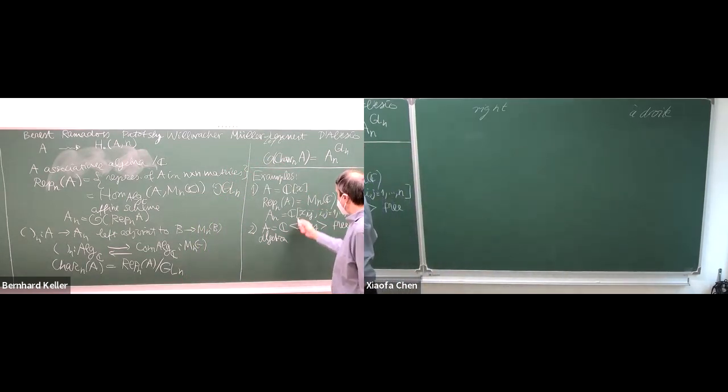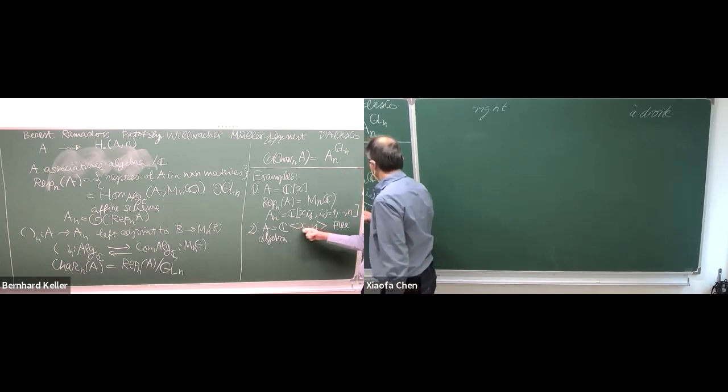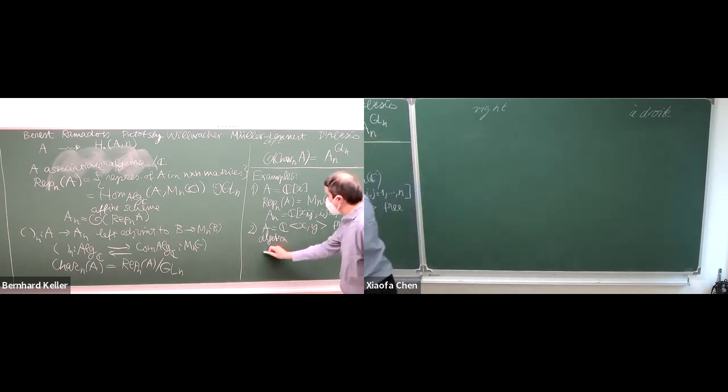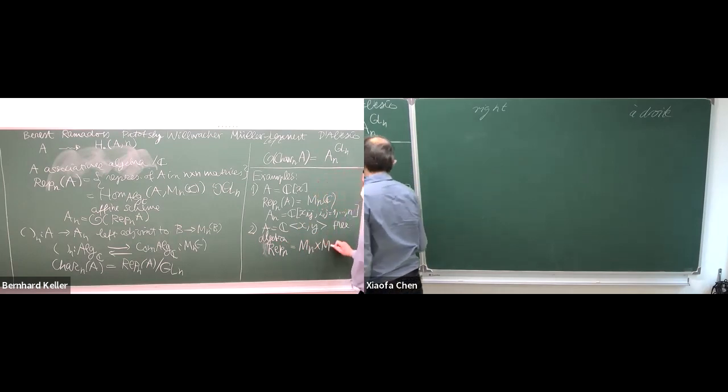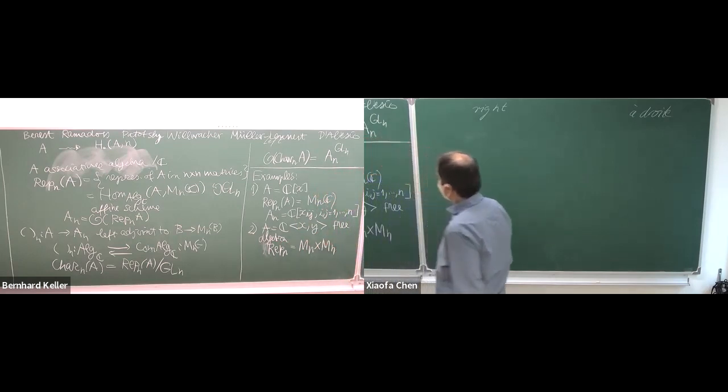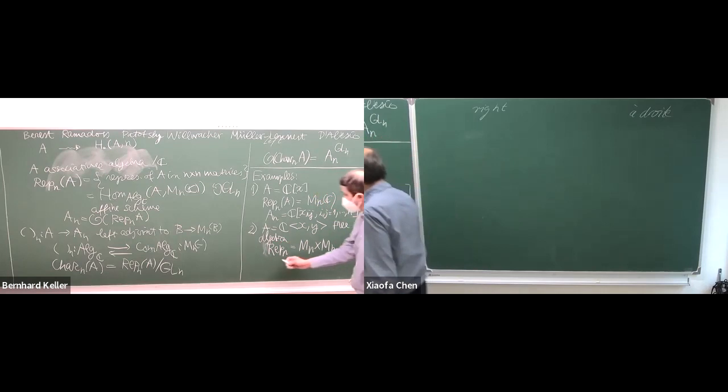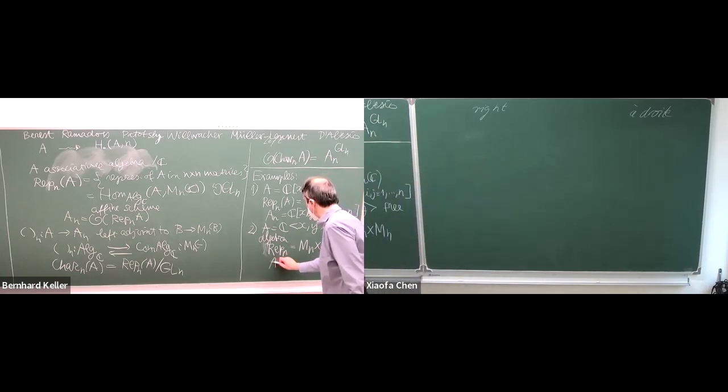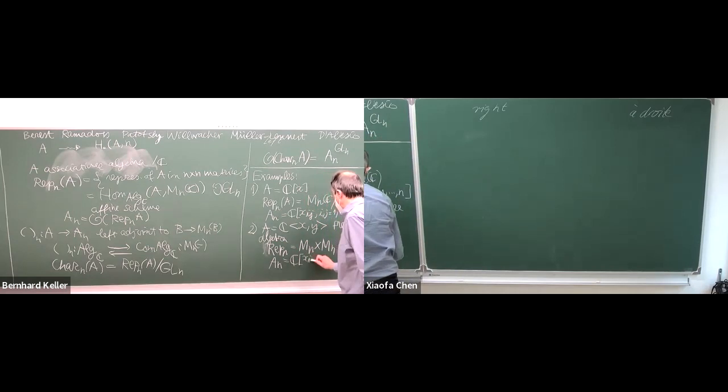And then a representation is given if you give two matrices, right? So Rep_n will be pairs of matrices, and so A_n is the polynomial algebra in two sets of variables.